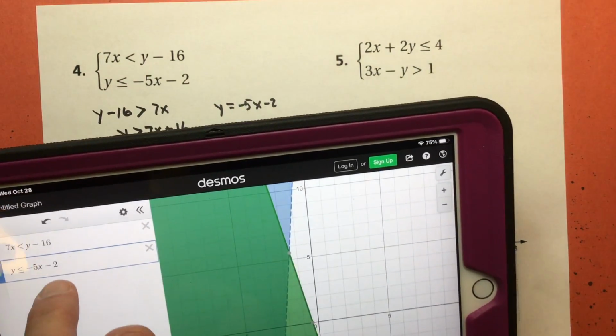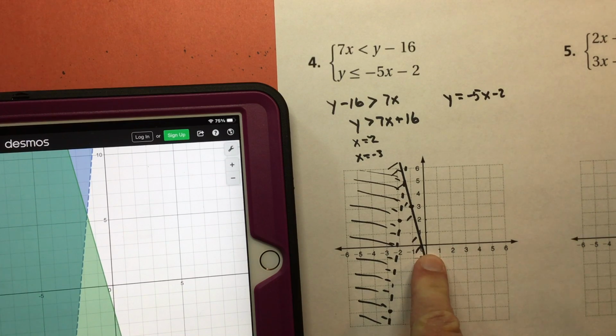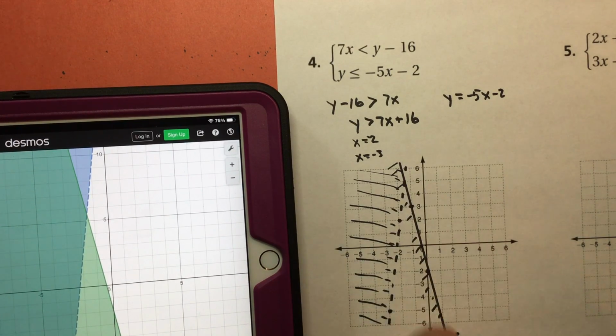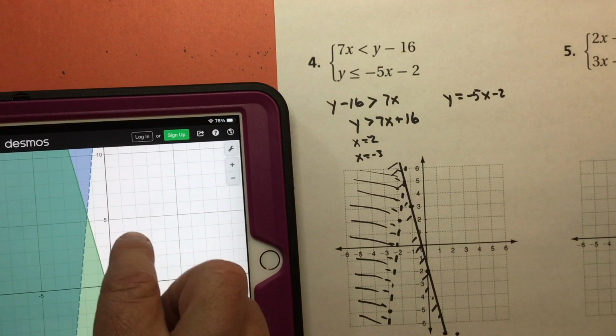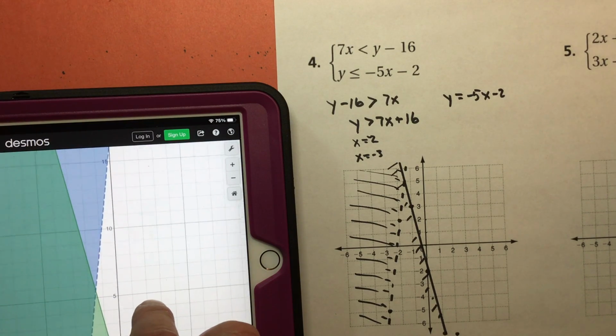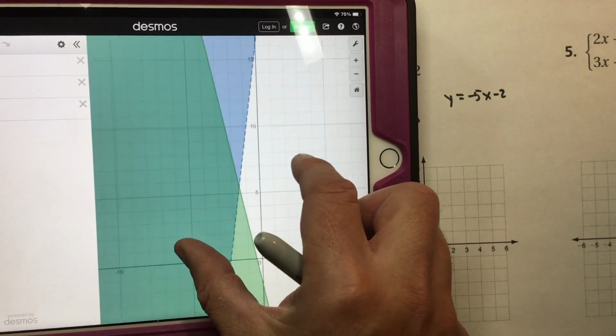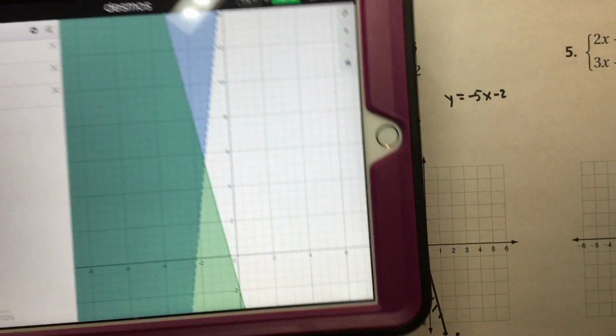So now look what I've got. Those look the same. And because I had this grid that was like a 6, 6, negative 6, negative 6, it's hard to see that. Now with Desmos, I can move around and get a better look at what's happening. You can pinch it or move it around like that. Okay? So use Desmos as a backup.